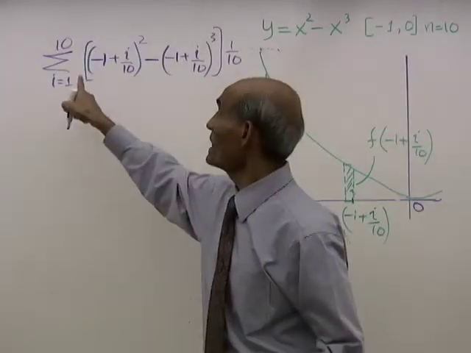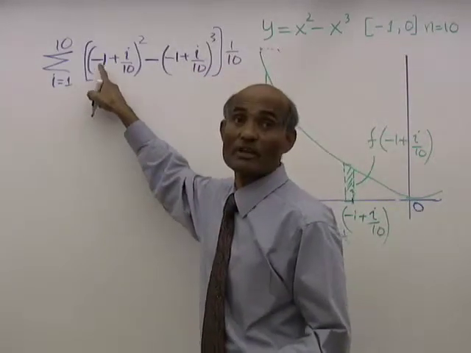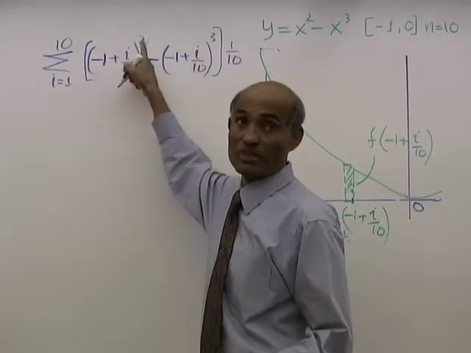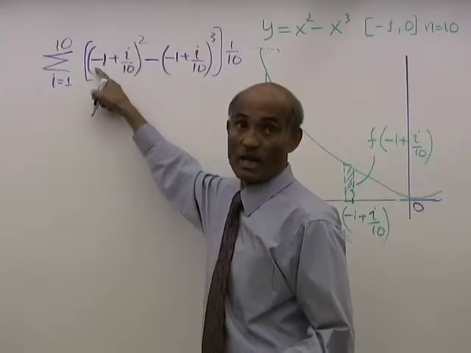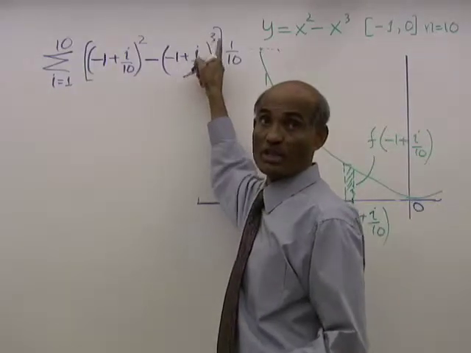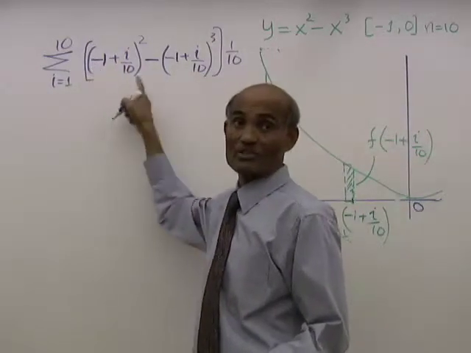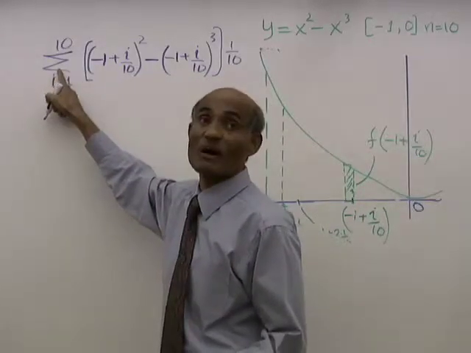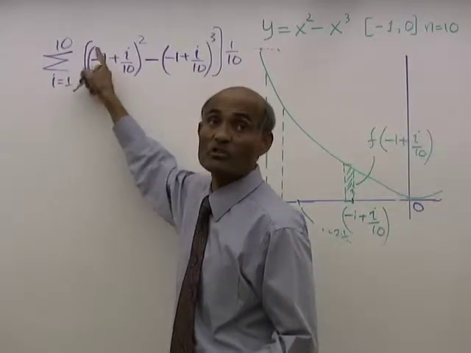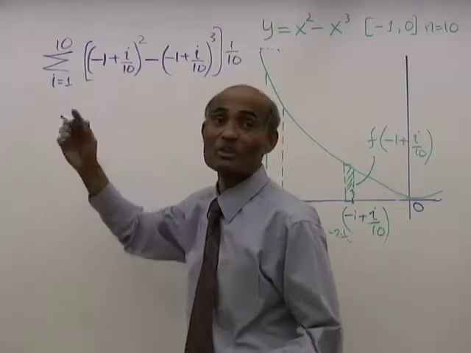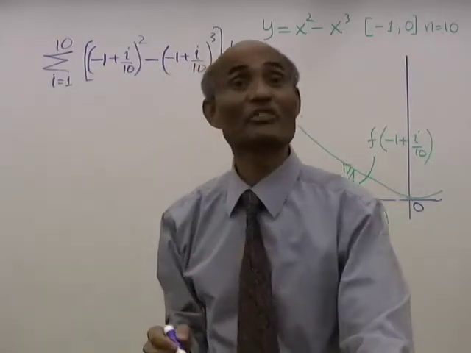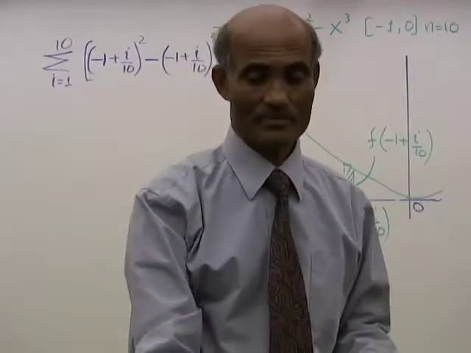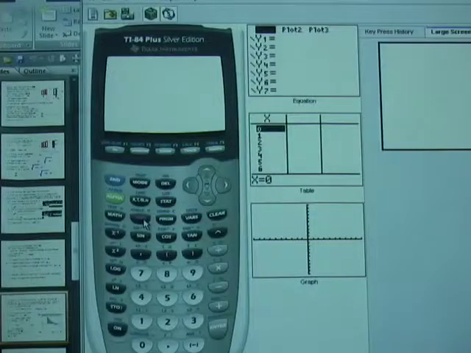Put this on the calculator, watch the parentheses. You can see this quantity is in parentheses so that we can square it, and this whole quantity is inside a square bracket so that it is multiplied by 1/10. So after we write sum sequence, start with 2 parentheses. Always make sure that your parentheses are balanced, otherwise the calculator will rebel. Okay, if you are ready, let's go.